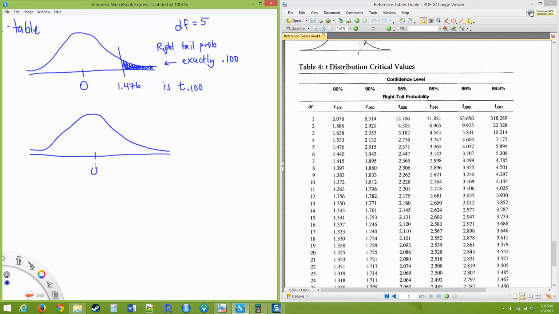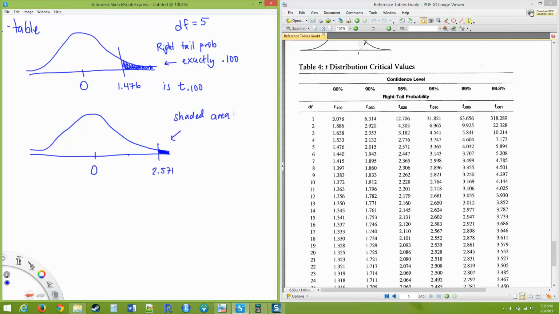Let's check your understanding. If I don't draw a line at 1.476, but go further away, say out to 2.571, and I shade everything to the right of 2.571, how much is shaded?